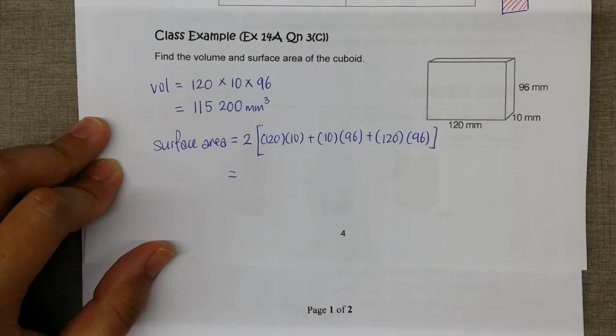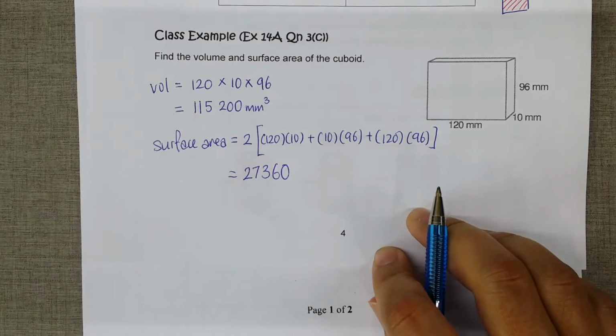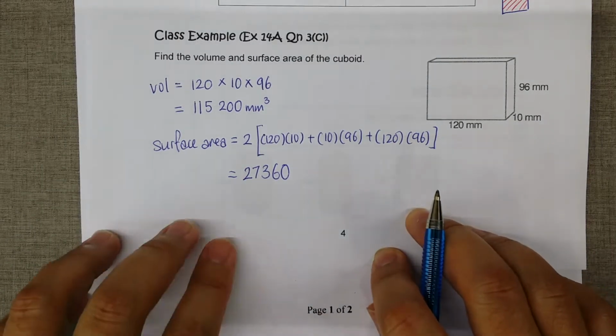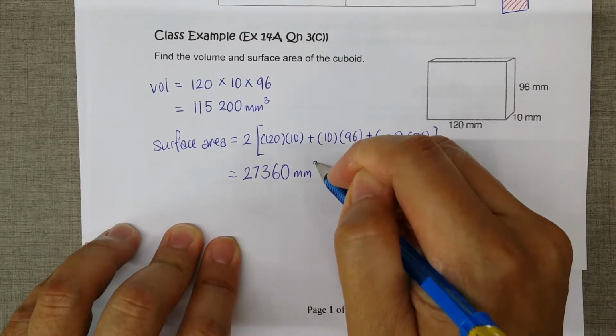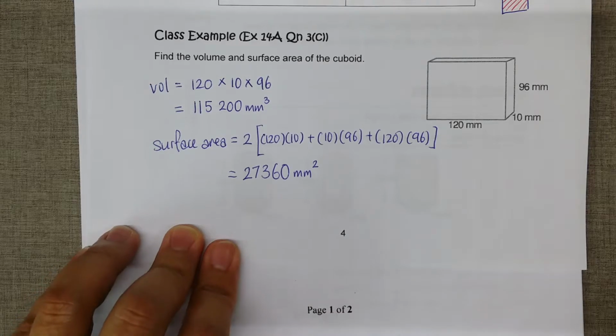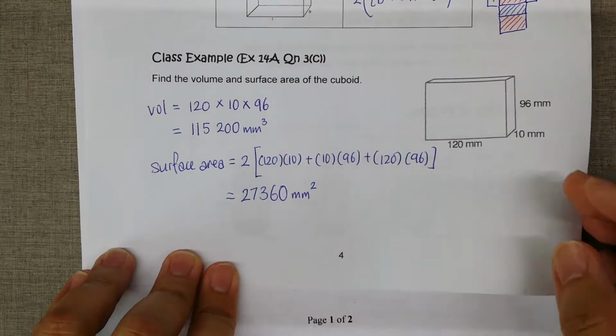What do we have? 27,360. What would the units be for this question? Volume is millimeter cube, surface area is millimeters square. So we are done with the class example. If you need time to copy, please pause the video. If not, let's proceed on.